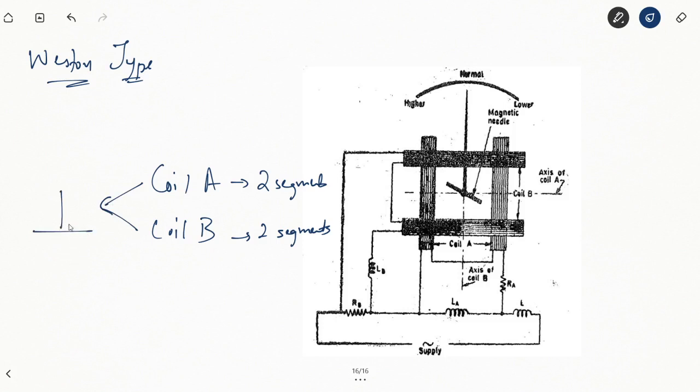Fine. So you have coil A here, and coil B here. Both coils are divided in two segments, and coil A and coil B are perpendicular to each other. Now coil A has a resistance Ra in series and an inductance La in parallel.